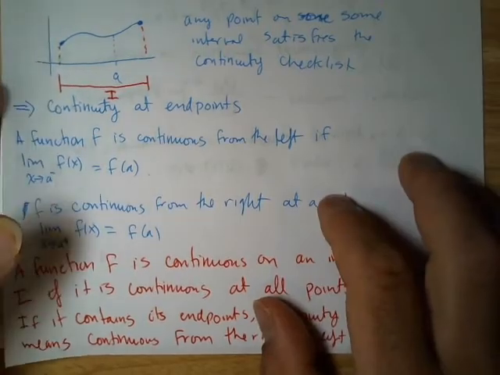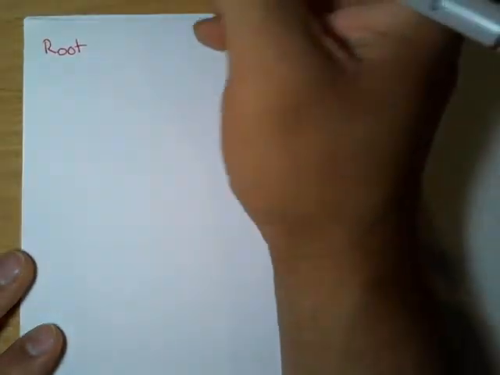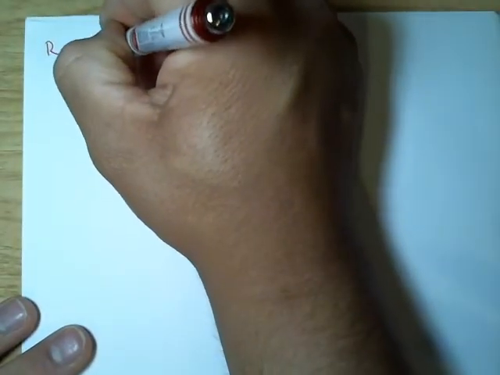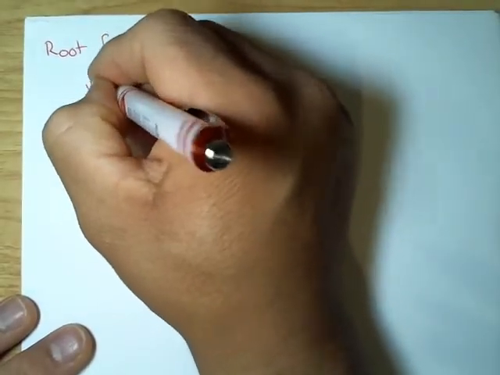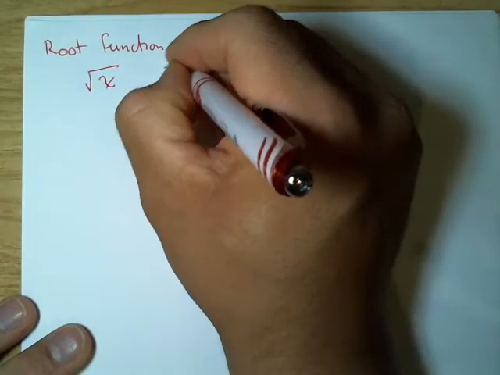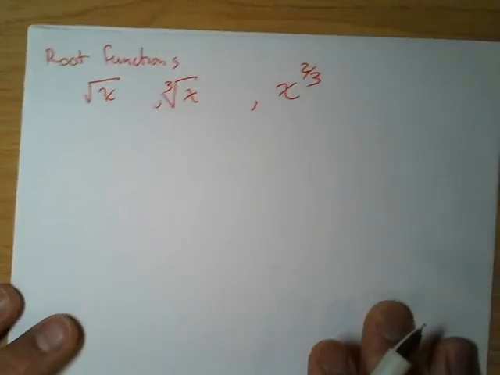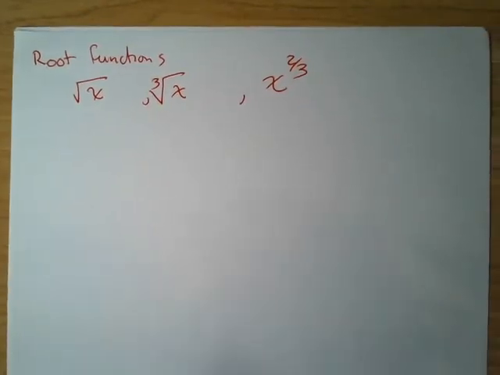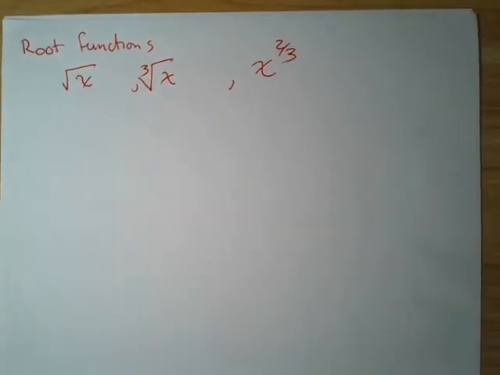Okay, so the last types of functions that we're going to talk about here are root functions, and just define where we can assume that these are continuous. Root functions, so something like this, or cube root, or even something like this, where we have a rational exponent that's in lowest terms.